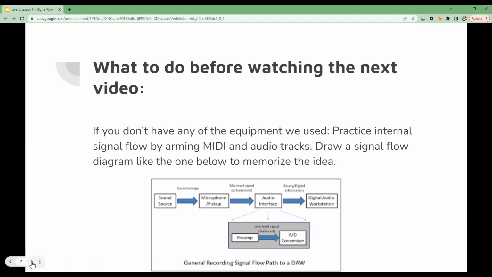If you don't have any of the equipment that we used, there's still another way to understand this. I would suggest you practice the signal flow by arming MIDI and audio tracks like I did in the beginning demonstration. I'd also draw a signal flow diagram like the one below to sort of memorize the idea if you're having trouble with it. I would recommend you draw a signal flow diagram whether you have equipment or not, because it's more theoretical than it is hands-on.